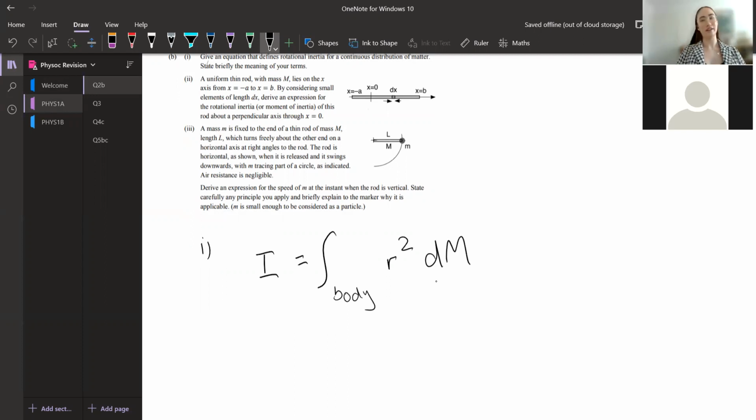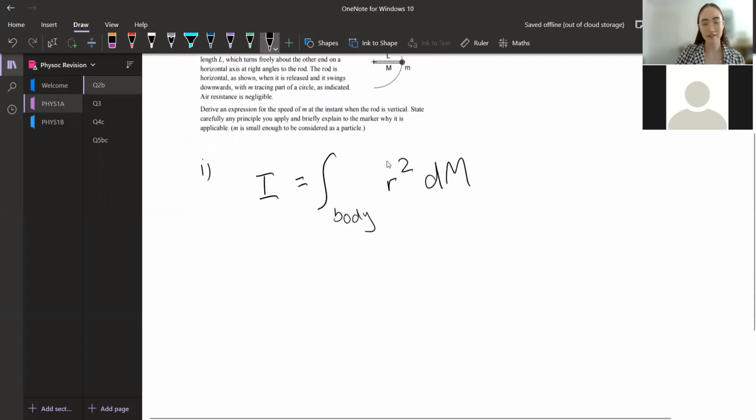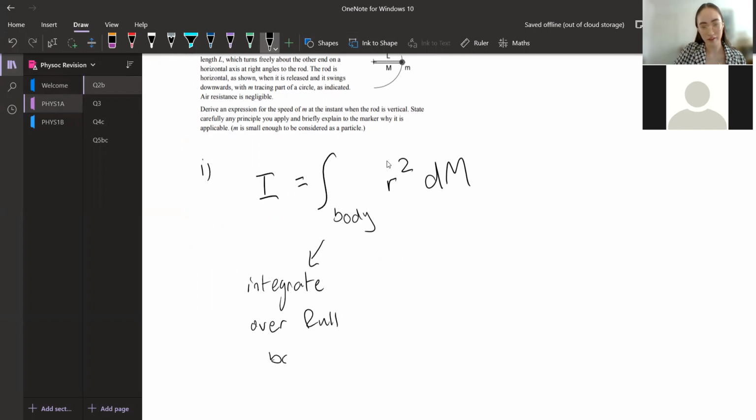And we'll just go through and look at all the terms. This integral just means we're going to integrate over the full body of whatever we're considering. So a rod, a ring, a disc, or whatever.